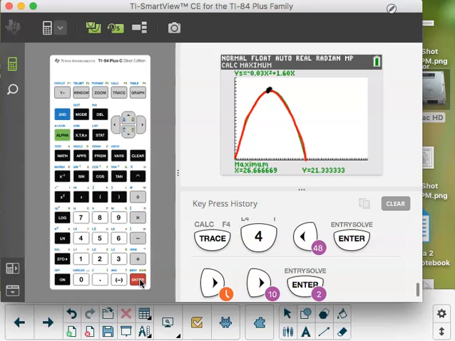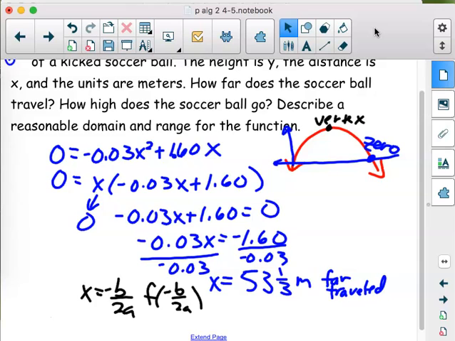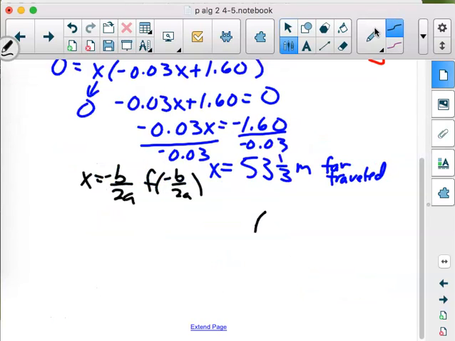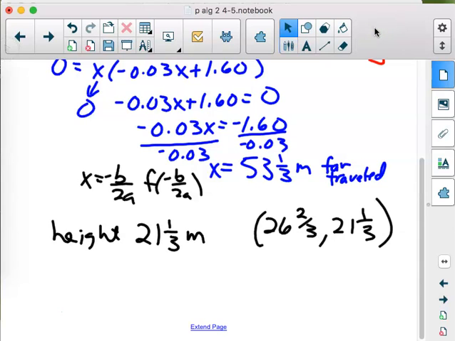And the y value is 21.33333, so 21 1/3. And you have to recognize they were asking about the height, and the height is about the y values. So our answer would be 21 1/3 meters.